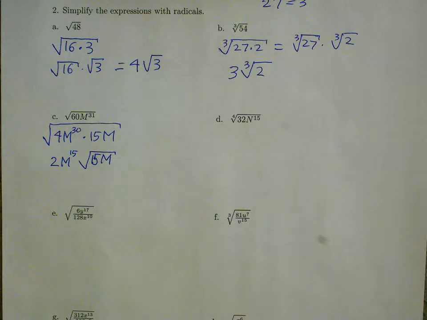Okay, someone online who hasn't had a chance to answer a question yet, what's the largest factor of n to the 15th that is a perfect fourth power? If you have a variable with an exponent, how do you know that it's a perfect fourth power?